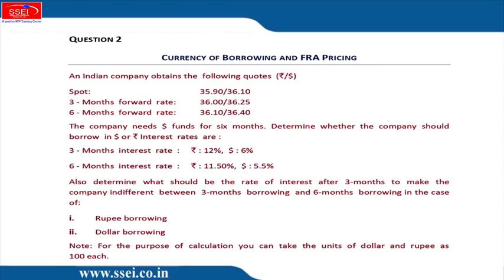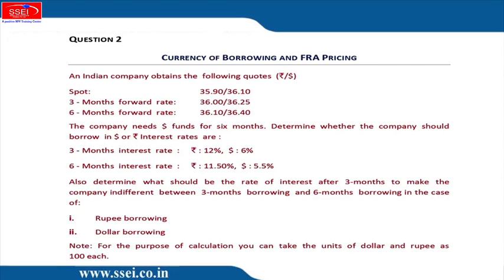So 1.0275 divided by 1.015, the whole thing minus 1, the whole into 12 by 3 into 100. That's coming to 4.93% annual.